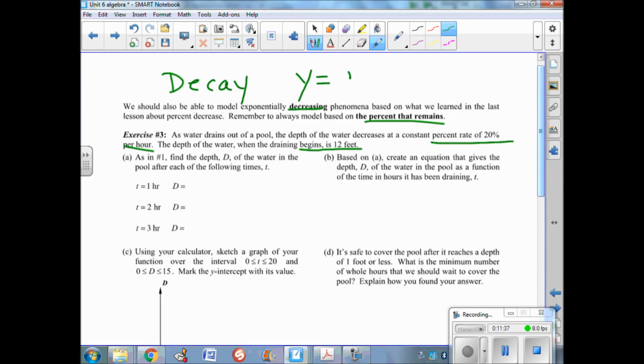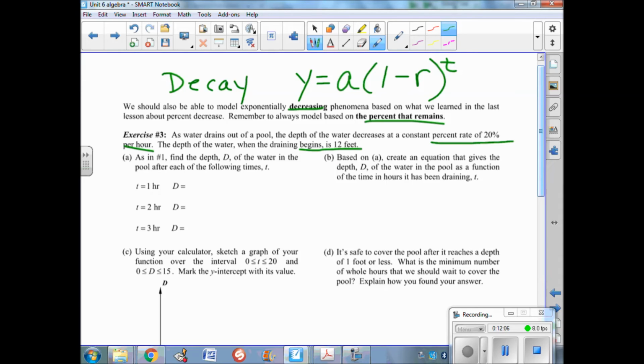Y equals still our initial amount, but now what's happening each time is that amount is going down. So we're going to take our 100% and take away our rate, that amount each time raised to the time t. That 1 minus r is the percent that remains. The only difference is the subtraction because we're decreasing.